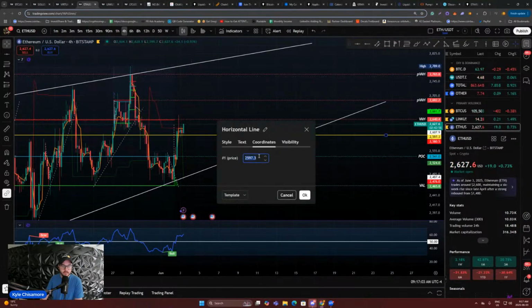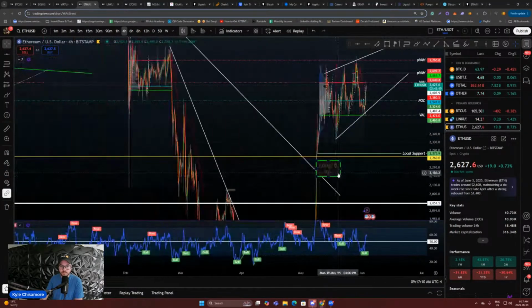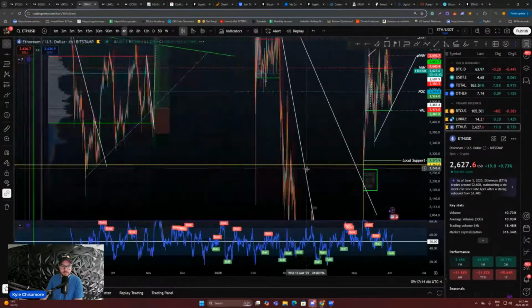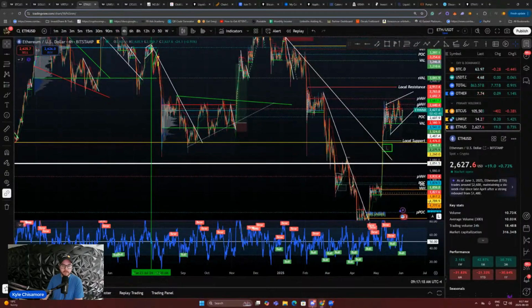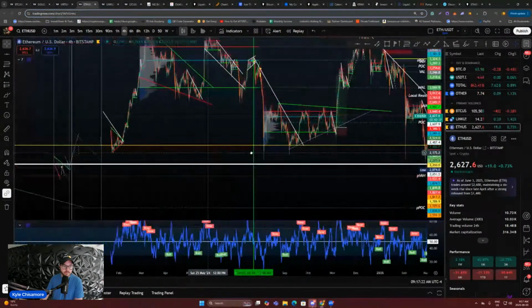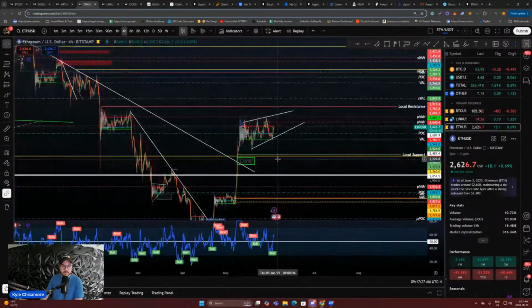Get these coordinates. Way down there. Man, everyone's just waiting down here to buy at this local support level. People being greedy. Yeah, lots of buyers waiting down here.